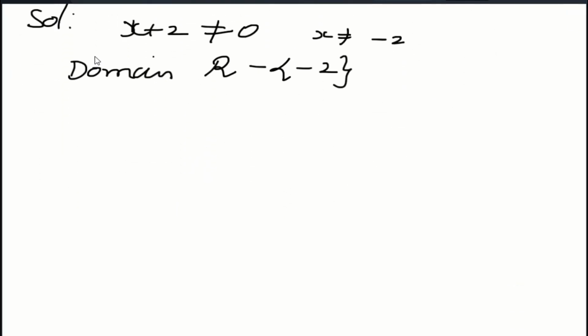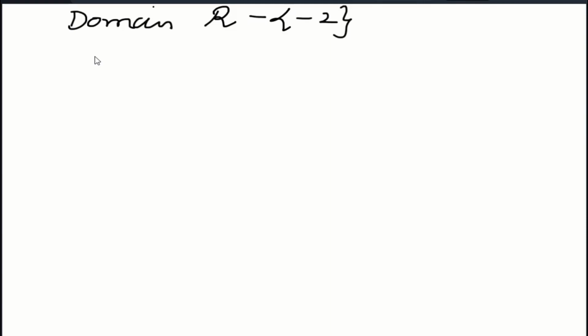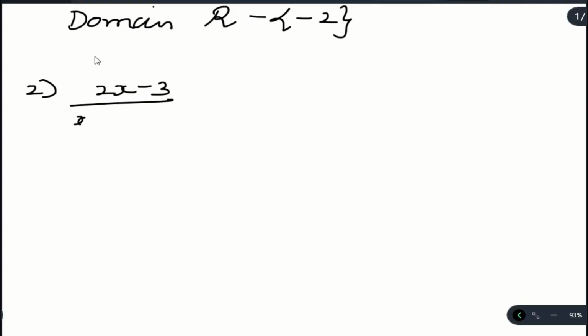Now let us consider the second example. Find the domain of, again, let us do one more sum: 2x minus 3 divided by x square minus 3x plus 2. Again I have to find the domain. Clearly the denominator is quadratic, hence I am factorizing.